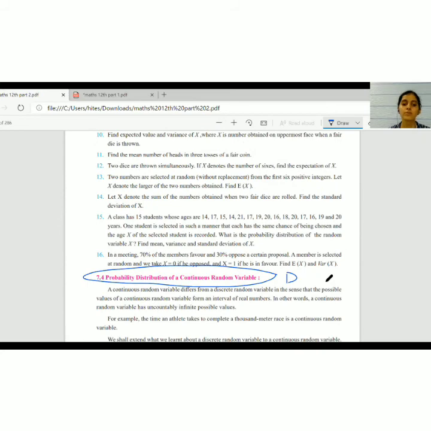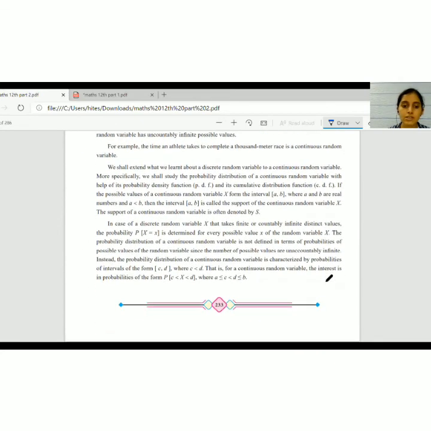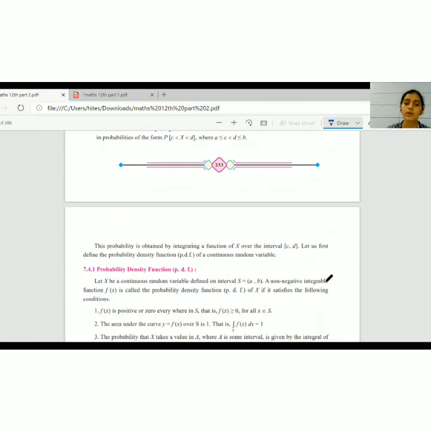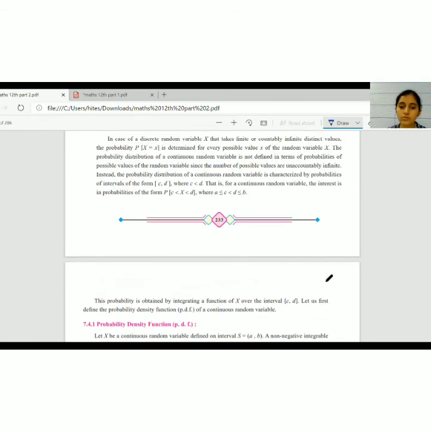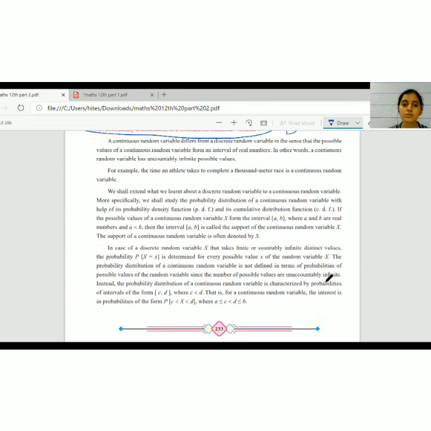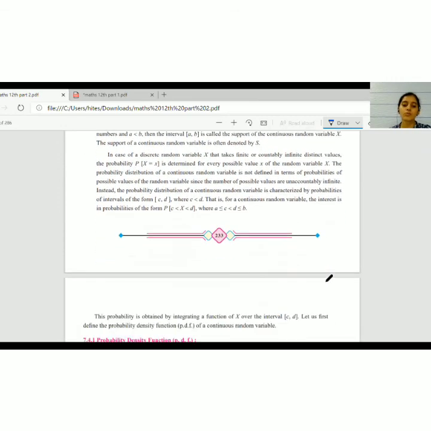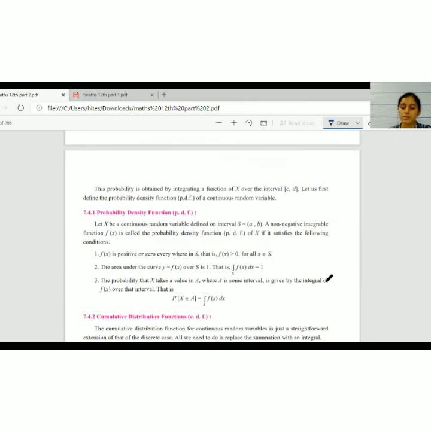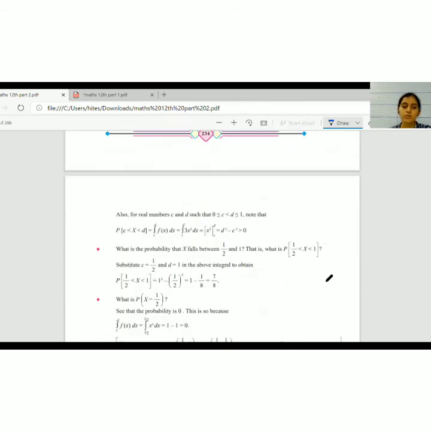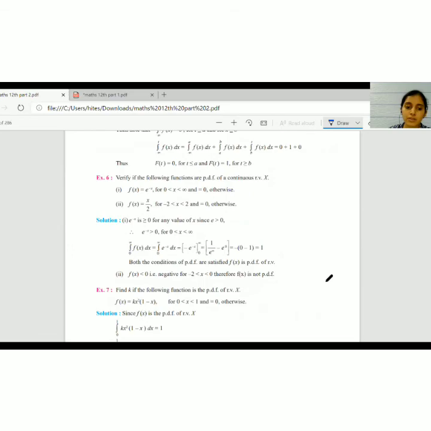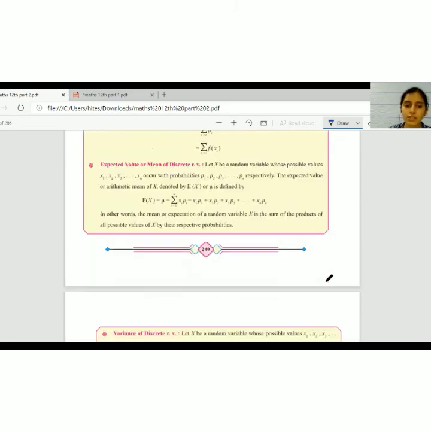Now, 7.4 probability distribution of a continuous random variable is excluded. 7.4.1 is not. So we will not do numericals based on 7.4. I'll just explain what it means and we can move on to the next topic. Clear? So only that much portion is excluded for this chapter. Remaining everything we have to study under it.